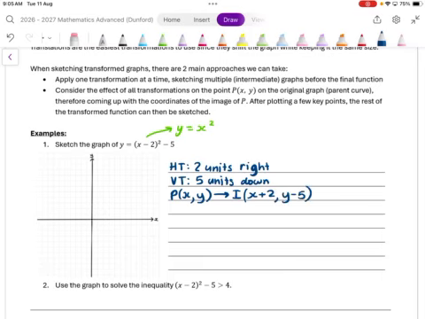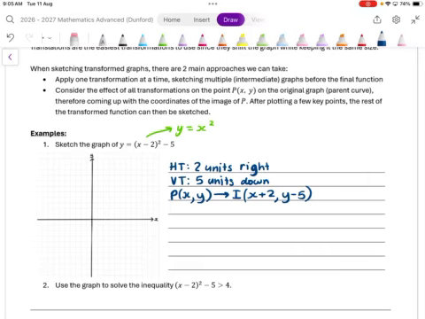We were doing this a little bit yesterday and last lesson as well, because if we're moving a point to the right, we're adding 2. If we're moving something down, we're minusing 5. So that's what we're going to do to all of our key points.